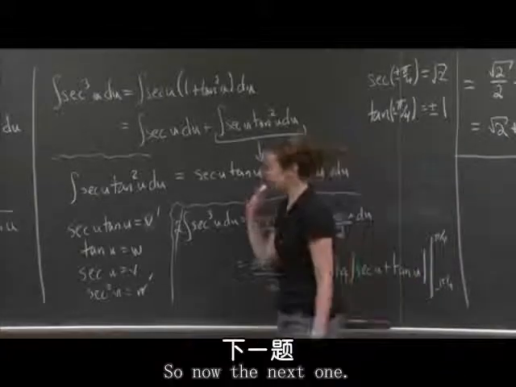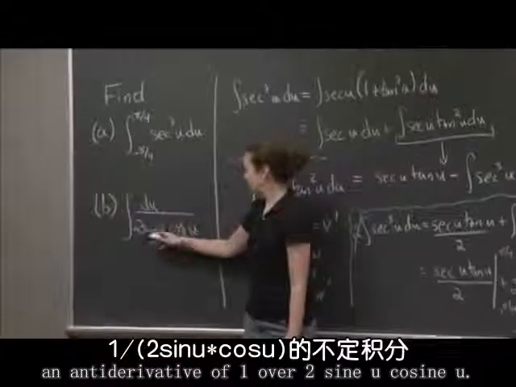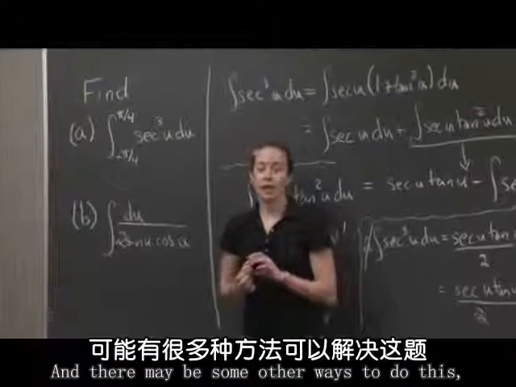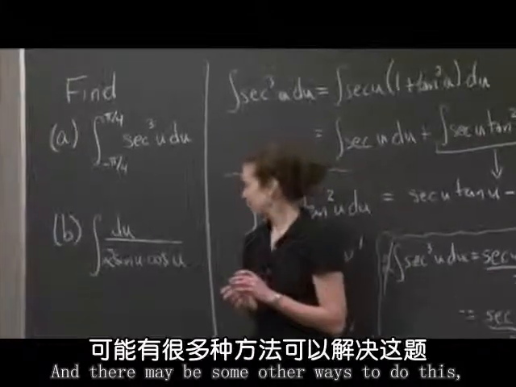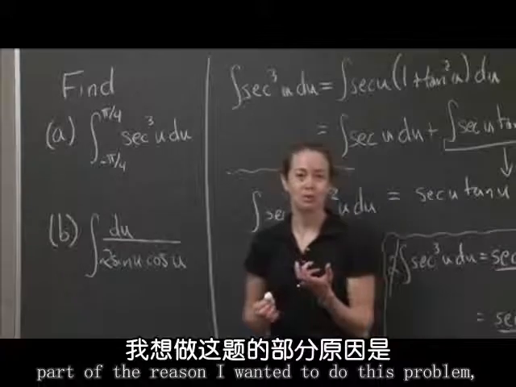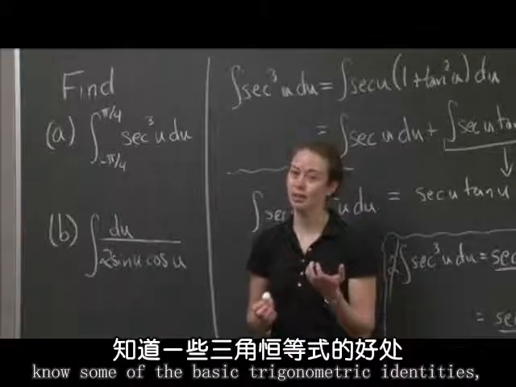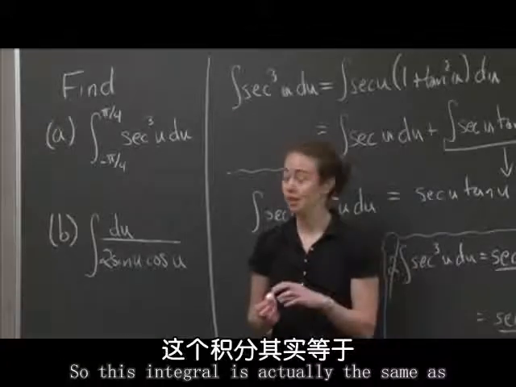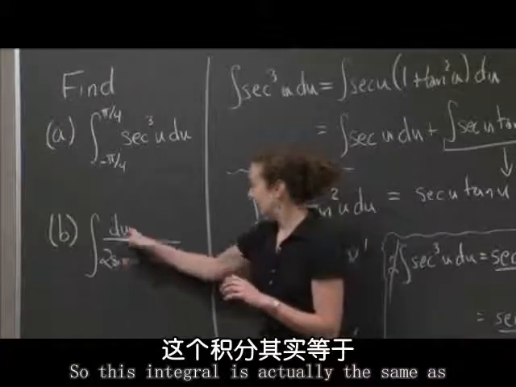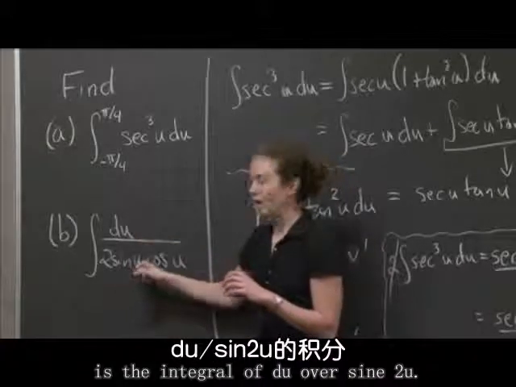All right, so now the next one, if we come back here, we're trying to find an antiderivative of 1 over 2 sine u cosine u. And there may be some other ways to do this, but part of the reason I wanted to do this problem was I wanted to remind you that it's good to know some of the basic trigonometric identities, because it'll make your life a lot easier. So this integral is actually the same as the integral of du over sine 2u.